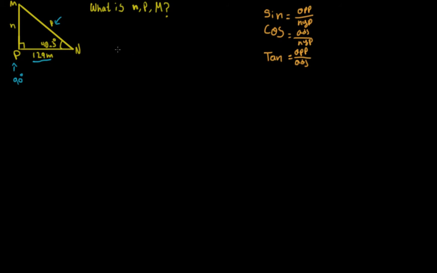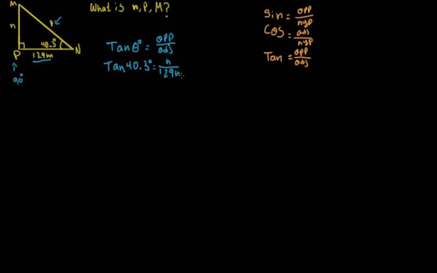So tangent of a theta angle is equal to the opposite divided by adjacent, right? So we're going to substitute our value. The angle is 40.3 degrees. We don't know opposite, so we're gonna write it as n, and the adjacent is 129, right?